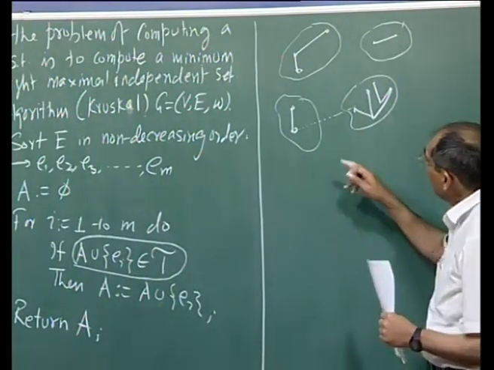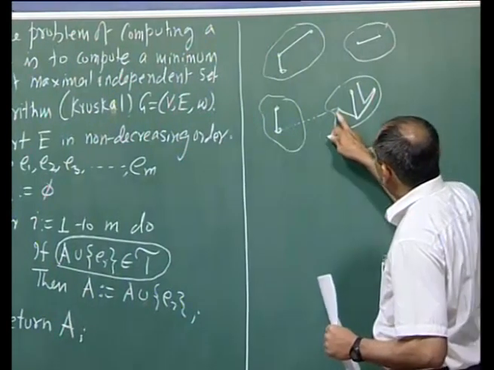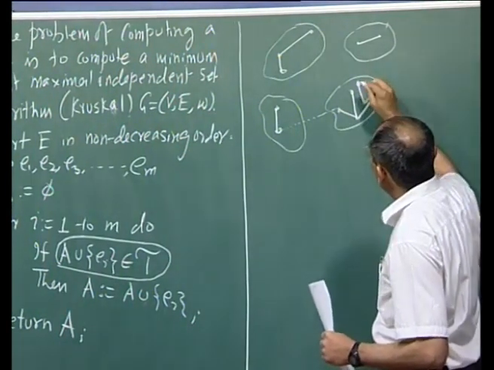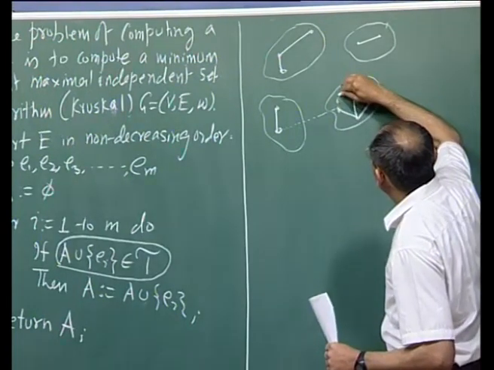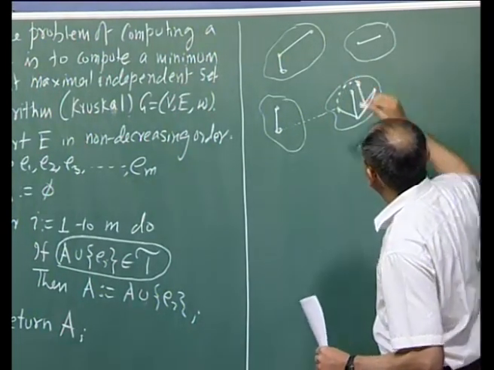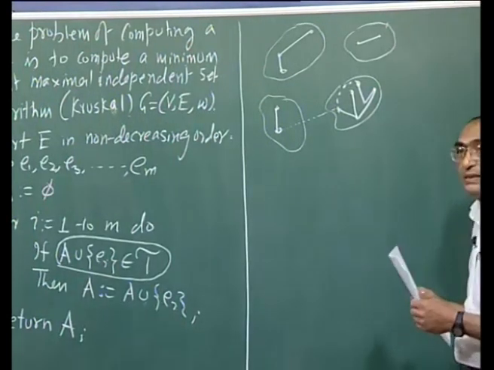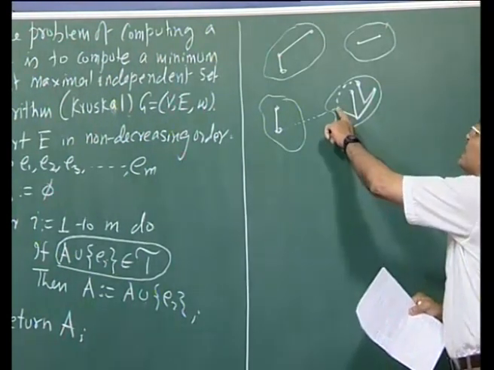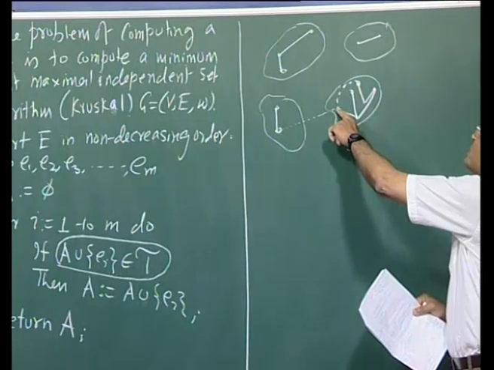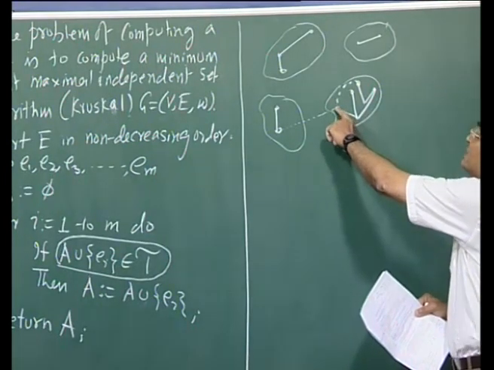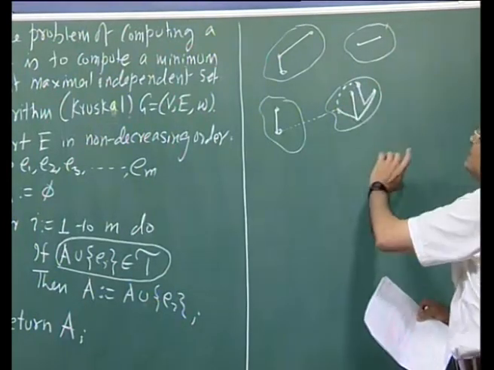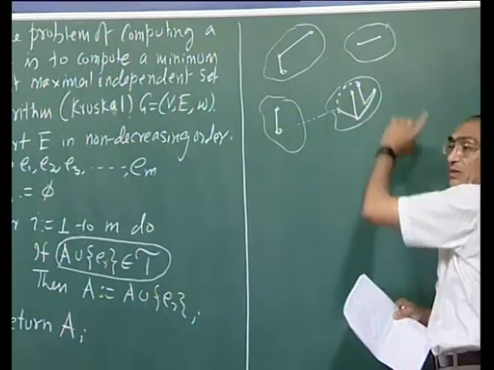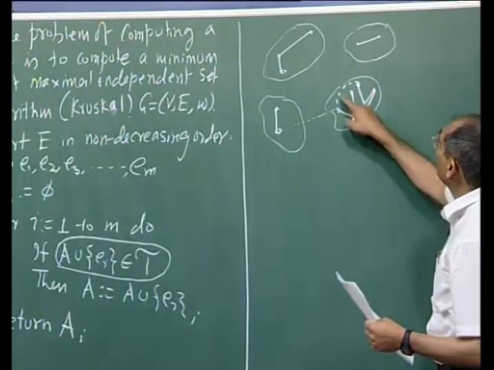On the other hand, if the two endpoints of EI are in the same component, so for example this one, then we are sure that there will be a cycle. The reason is this is a connected component, so from the original set of edges there is a path from here to here, and then we have another edge we are incorporating, so that closes a cycle.